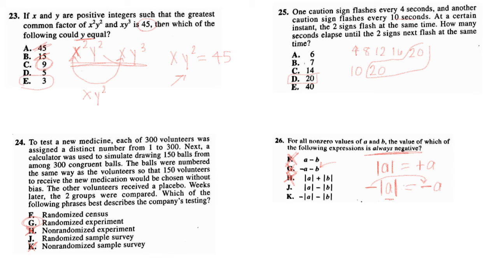J could possibly be negative, but it doesn't have to be. So that only leaves us with option K, or our reasoning is wrong. But again, this is going to generate a negative A. That's going to generate a negative B. So no matter what those numbers are, this will generate a negative answer. So 26 should be answer choice K.